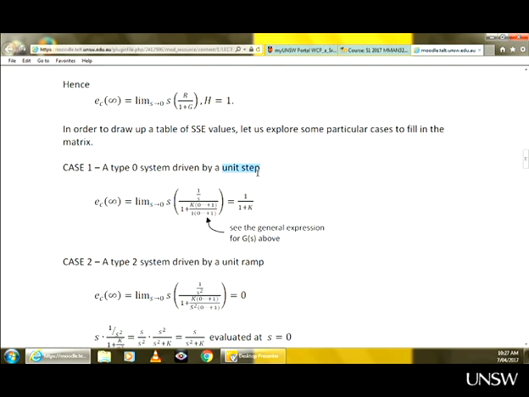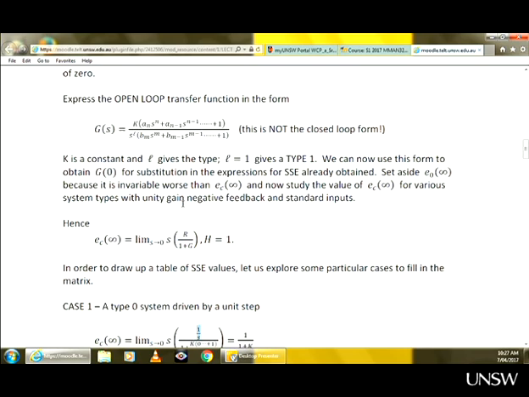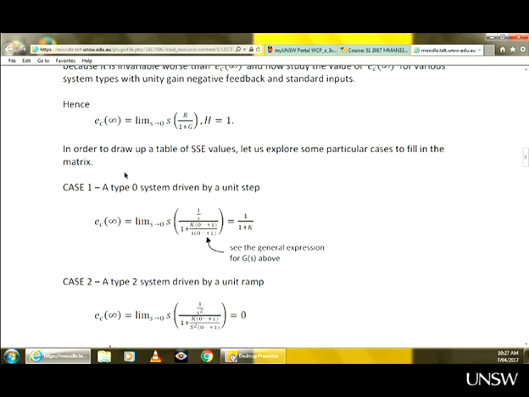So steady state error equals limit s approaching 0 of s times R, which is 1 over s, over 1 plus G. We are taking the general case here, but type 0 means there is no s here. So you simply have 1 times 0 plus 0 plus 0, and eventually you'll have 1.